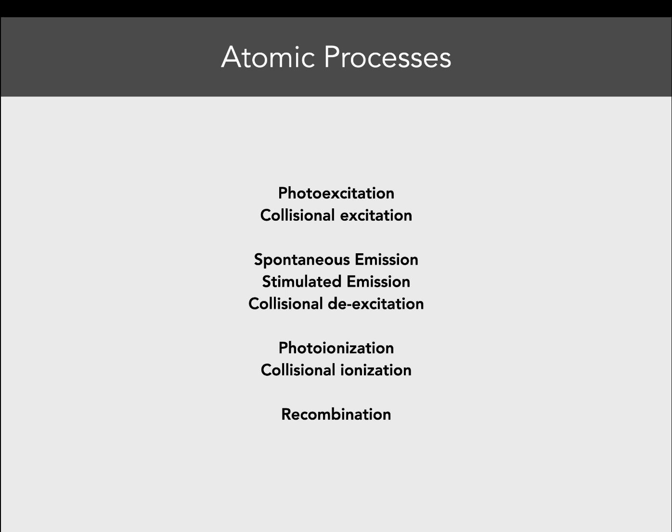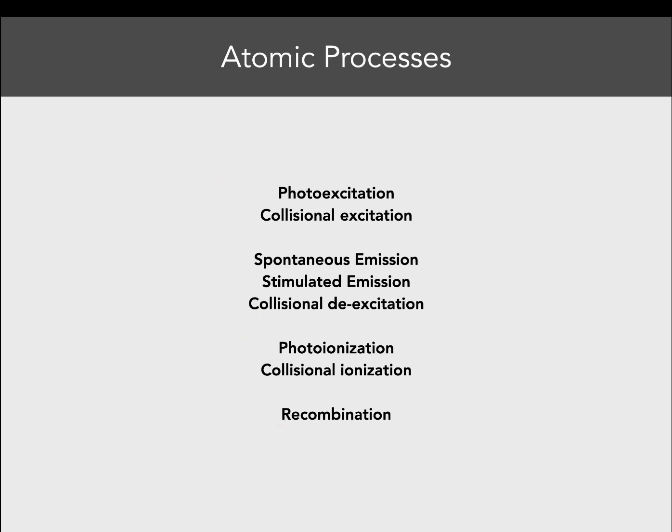Okay. So there's a bunch of atomic processes that are relevant to astronomy. Generally speaking, the first 2 sets of atomic processes have to do with exciting an electron to an upper state or having that electron decay back down to a lower state. That's this first group.